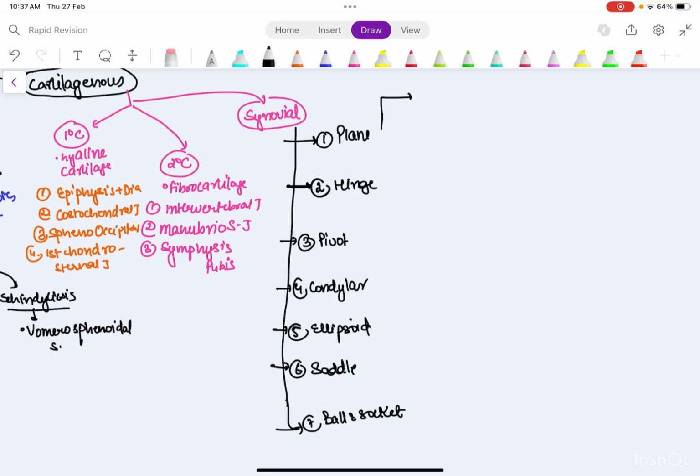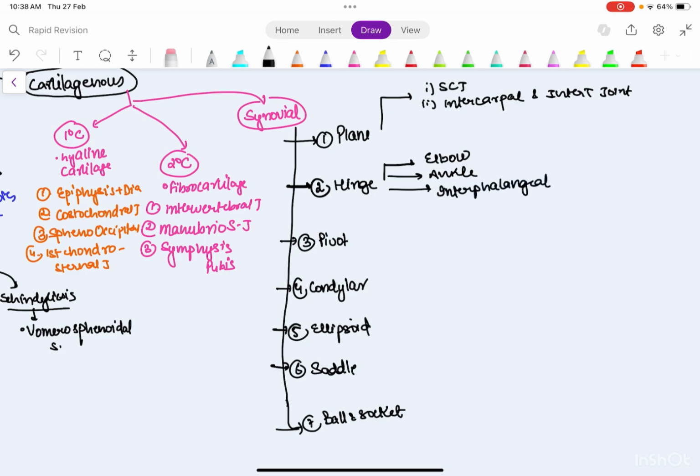Now in plain synovial joint you have to remember sternoclavicular joint, then intercarpal and intertarsal joint. Alright, then in hinge joint you have to remember elbow, ankle, and interphalangeal joint.